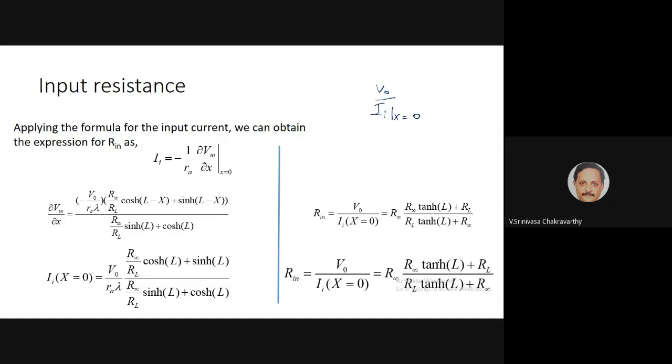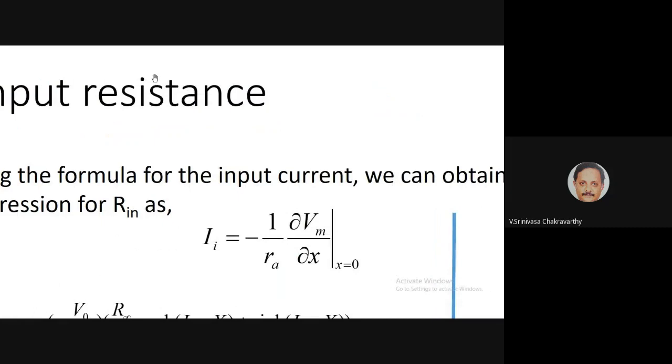In this expression, how do you calculate the case of the killed end and the sealed end? You should get those two as special cases from this expression. Can somebody work it out?